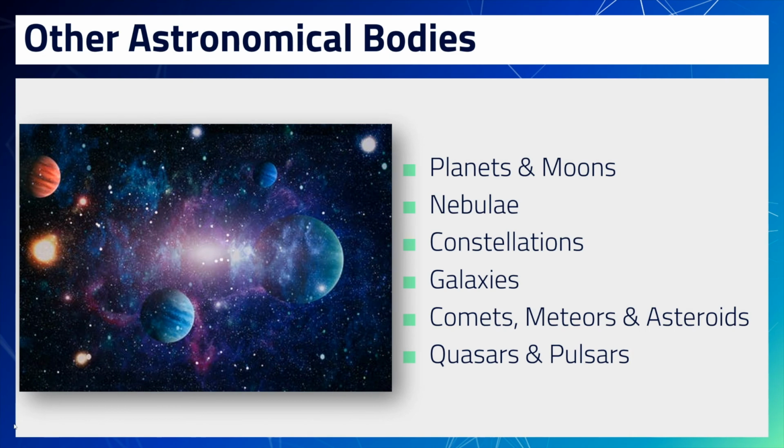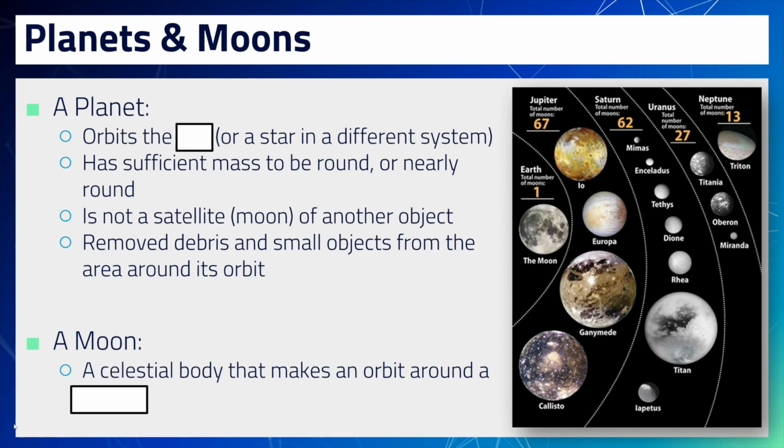So this brings us to a bit of a discussion on some of the other things we might see out in the night sky. To start us off, planets and moons. We maybe have heard these terms, but we don't necessarily always know what makes a planet, or why something can be classified as that. Basically, a planet is a rocky structure that orbits the sun, or it could be a star in a different solar system.